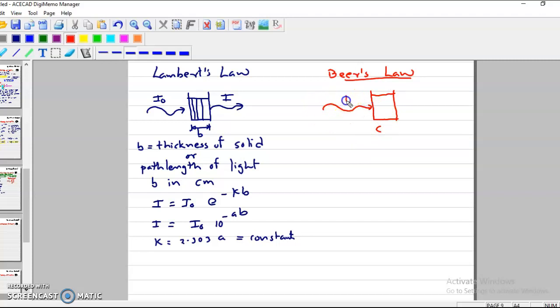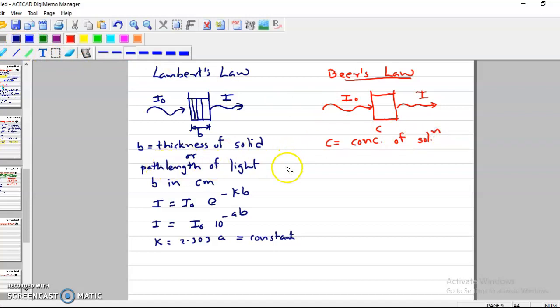So here light passes through a transparent solution and some amount of light will be absorbed, some will be transmitted. Beer's law is related to the concentration of solution only, that the amount of light absorbed by the solution is directly proportional to the concentration of solution.